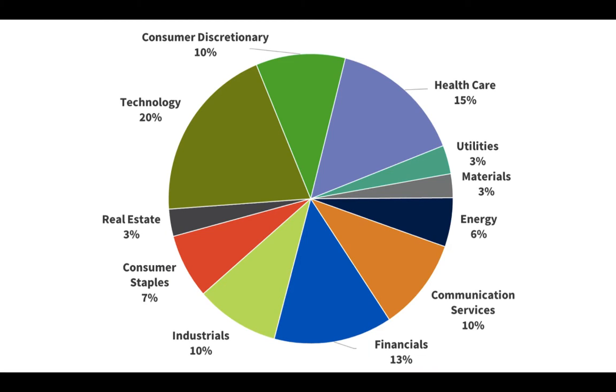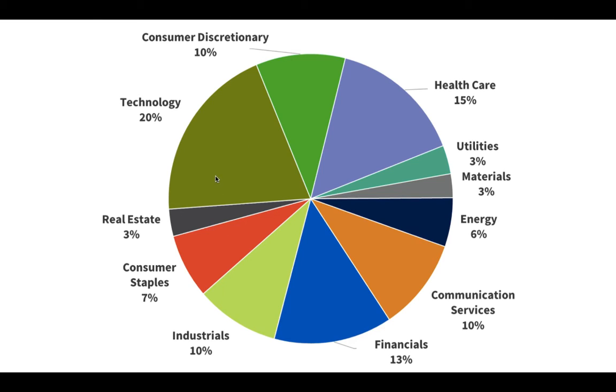Another way to re-emphasize this idea is that you have to look at the company in the context of its sector. Here are all the different sectors, and the average price to earnings ratio and all the other valuation ratios differ from sector to sector. For example, in healthcare and technology, the average price to earnings and other valuation measures are going to be a lot higher than, let's say, consumer staples or real estate.